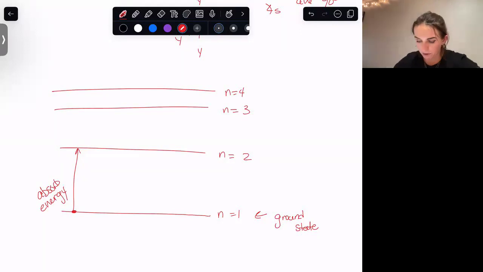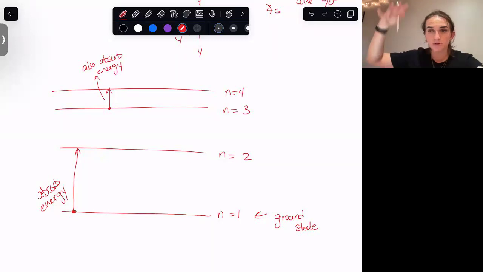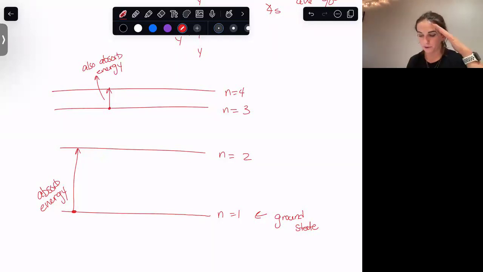What if we went from 3 to 4? What do we have to do in order to get from 3 to 4? Good. We have to also absorb. We're at a higher energy level if we go up, so we have to take in energy in order to get up to a higher energy level.